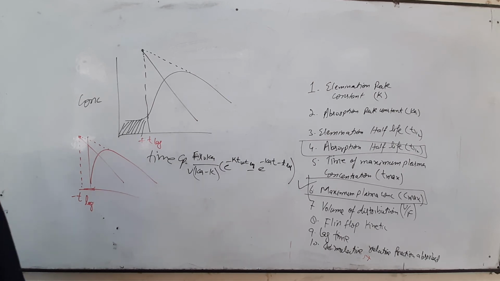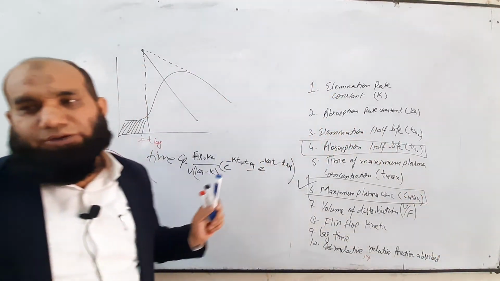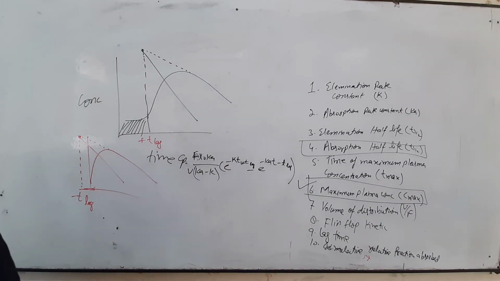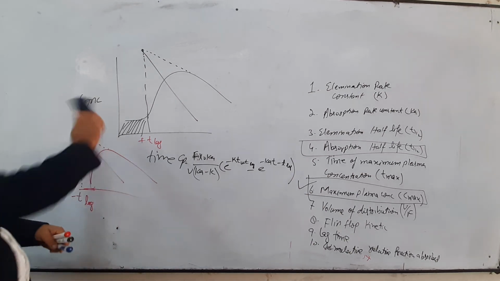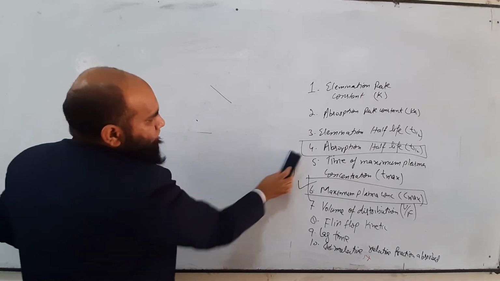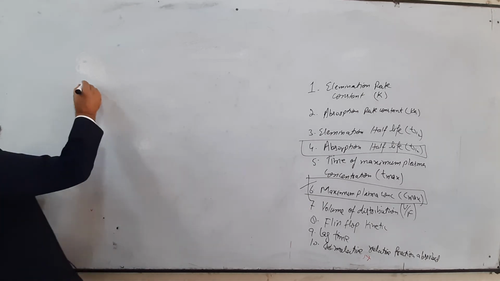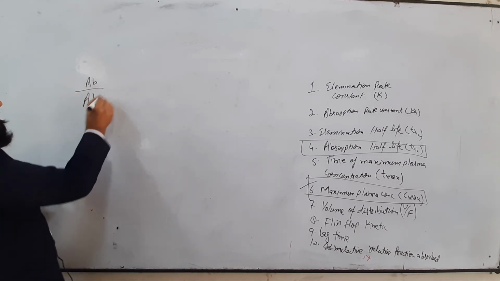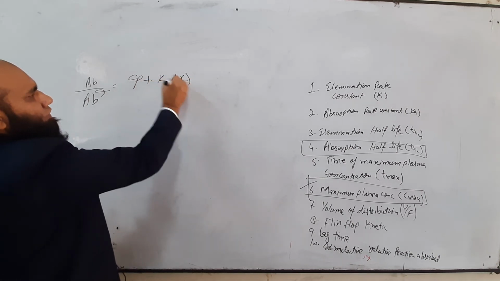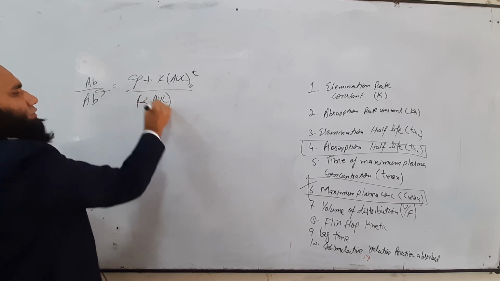The last segment of this chapter is cumulative relative fraction absorbed. This concept belongs to the Wagner-Nelson method once again. In the Wagner-Nelson method, the value of AB over AB infinity is Cp plus K into AUC 0 to T, divided by K into AUC 0 to infinity.